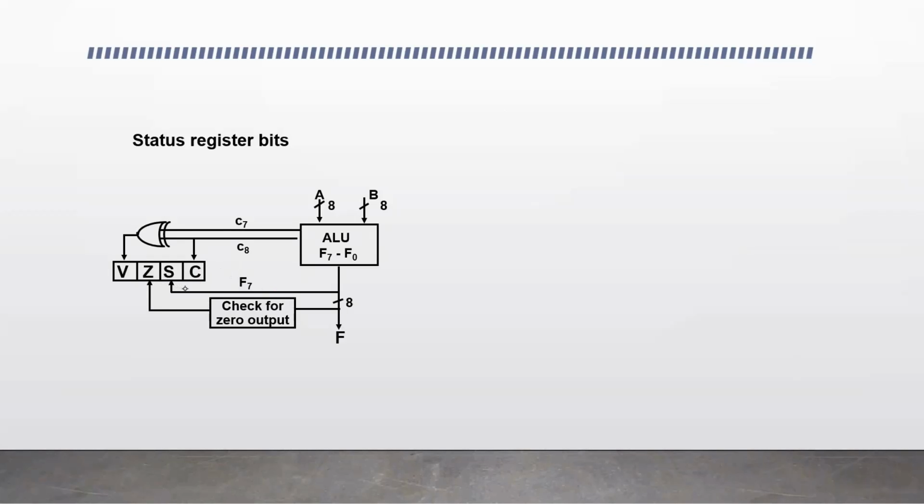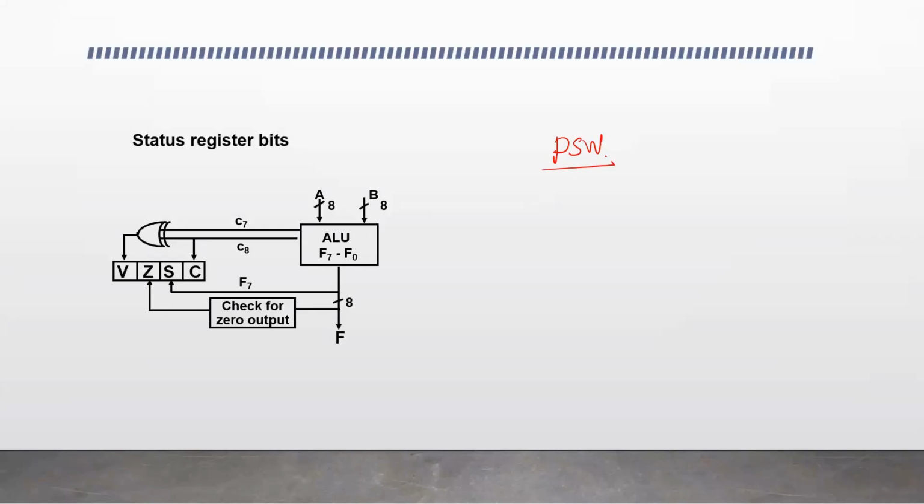So these are all the status bits maintained with the ALU that show the status of the operation, arithmetic or logical operation performed. And here I also want to tell you about this program status word, PSW.